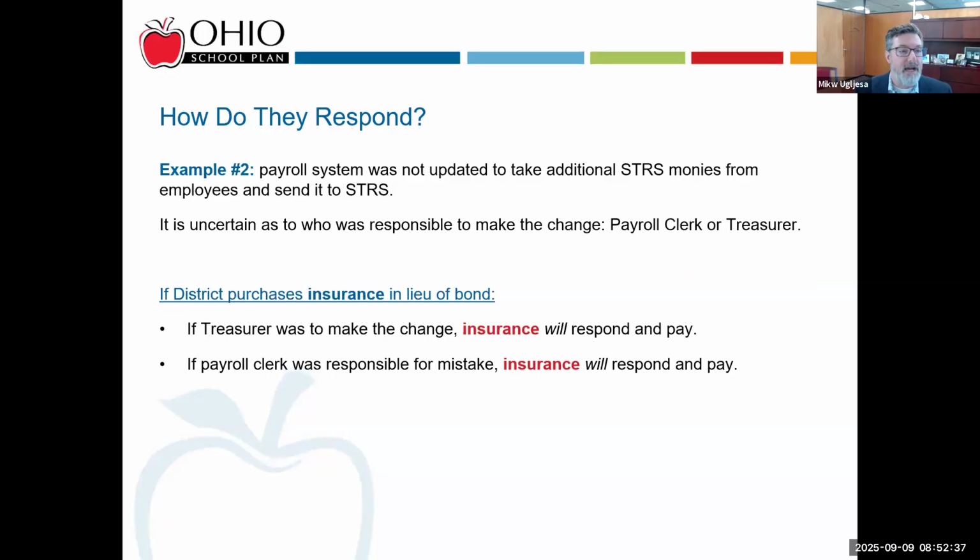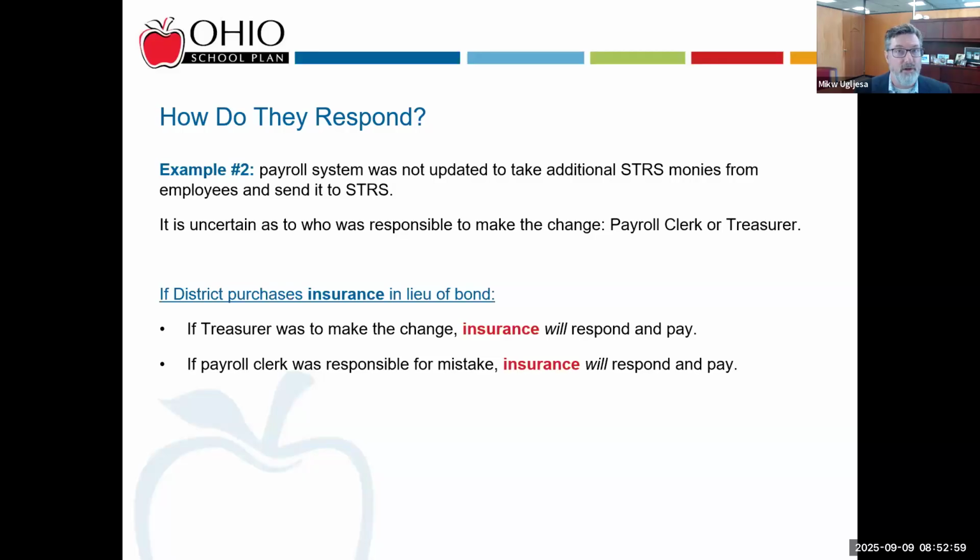So same set of facts as the first example, but in this case, the district purchased insurance instead of a bond. And in both instances, if the treasurer was responsible to make the change, insurance will respond and pay. If the payroll clerk was responsible, insurance would respond and pay.